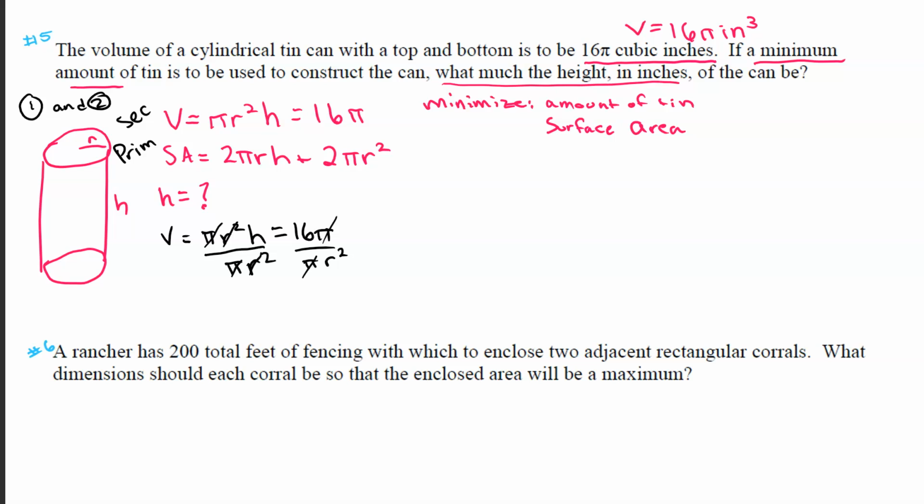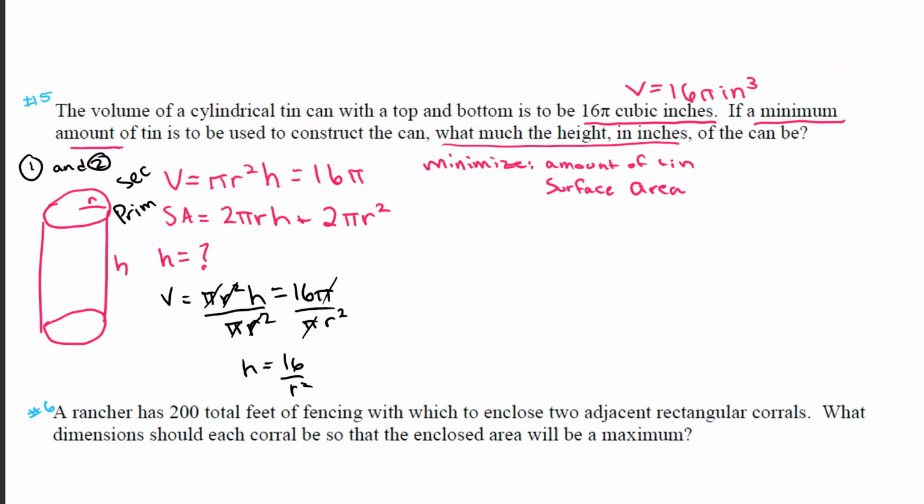The r squareds get out of town, so I've got h equals 16 divided by r squared. And look at me saying the right thing and doing the wrong thing. So we're trying to solve for r here. Yikes. All right. So we should be dividing by pi h.